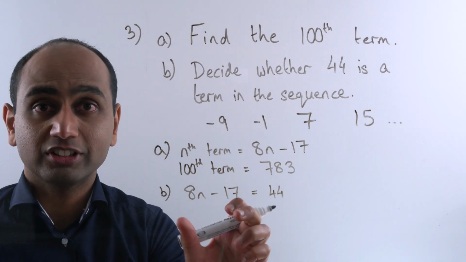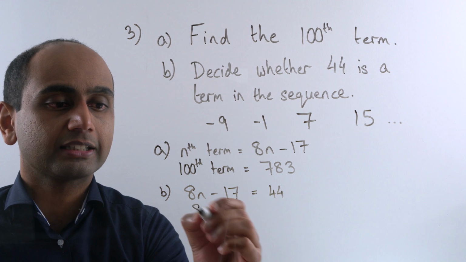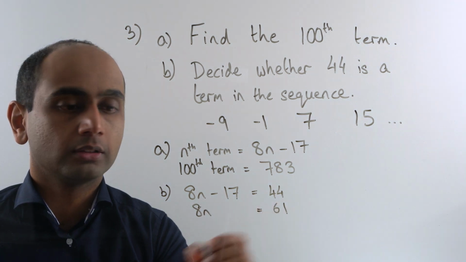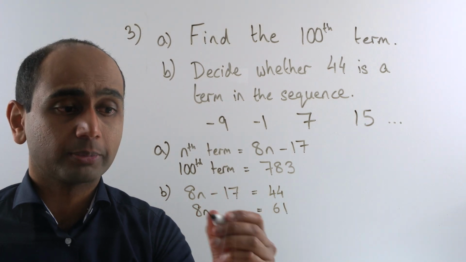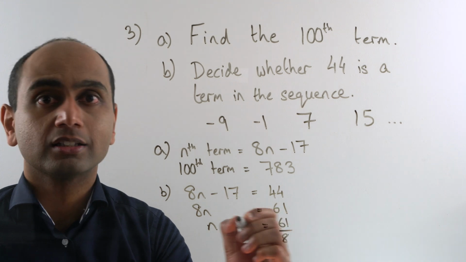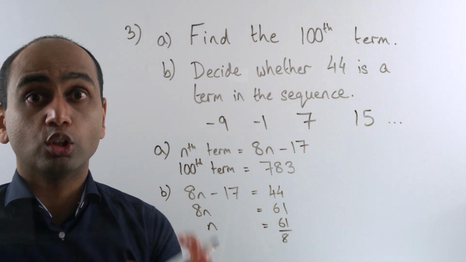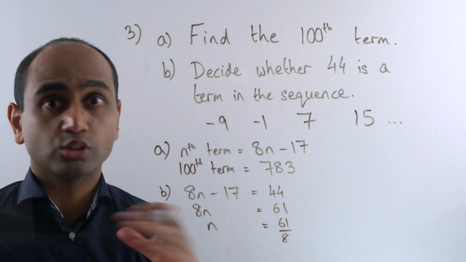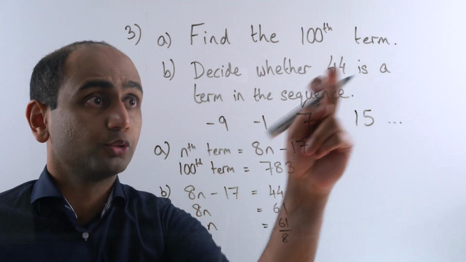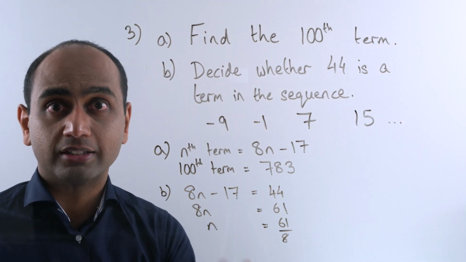If I add 17 to the left and to the right, I get 8n equals 61. And if I divide the left and the right by 8, I get n equals 61 over 8. Now that is not a whole number. It's not a positive integer. So that tells me 44 is not a term in this sequence.